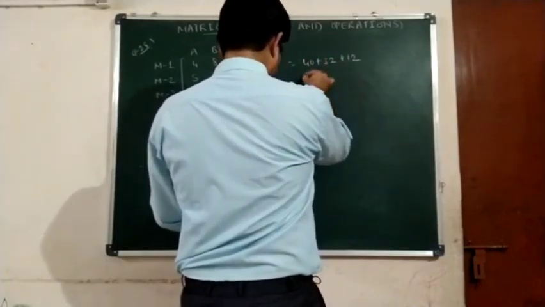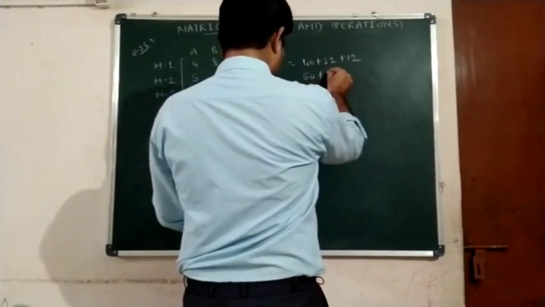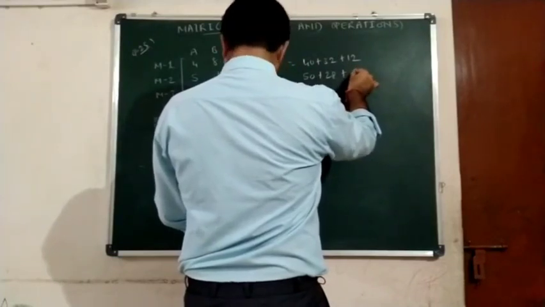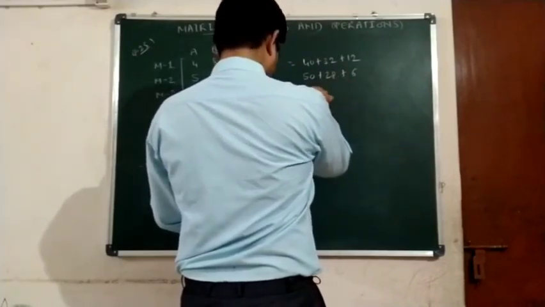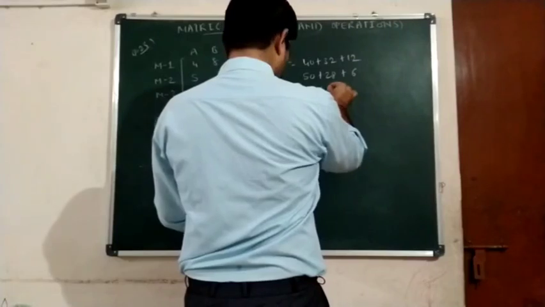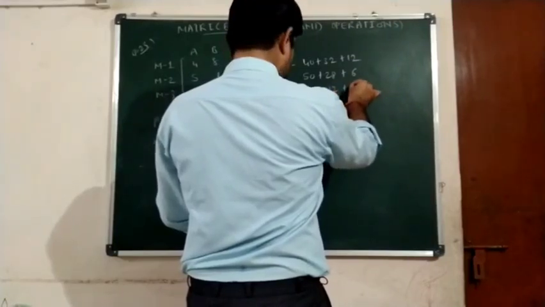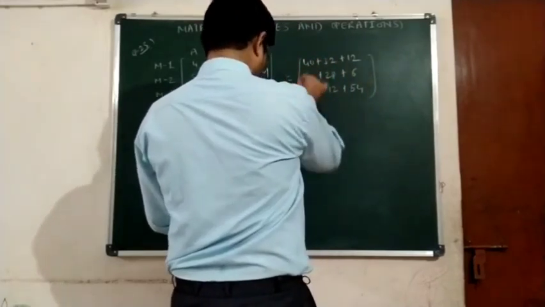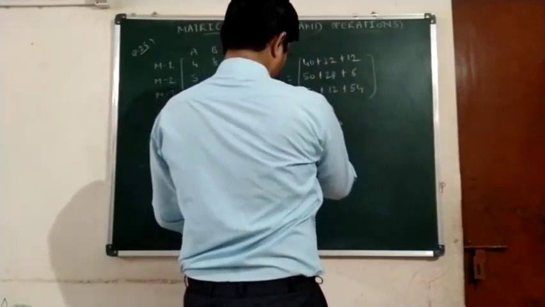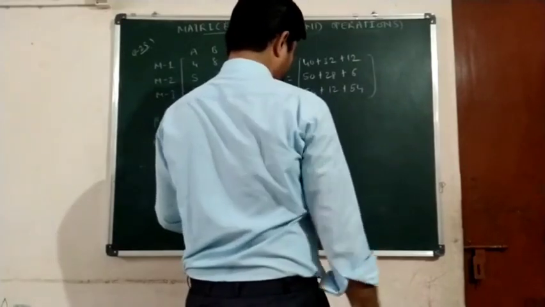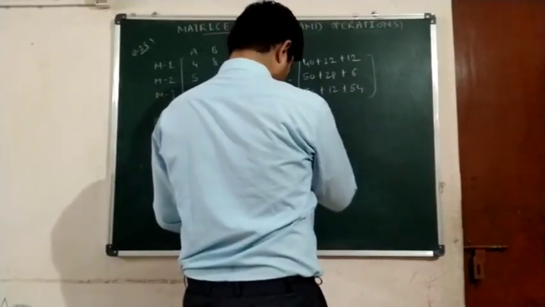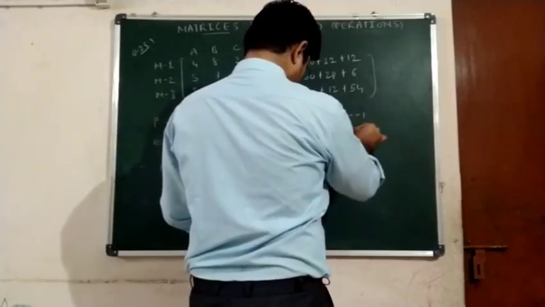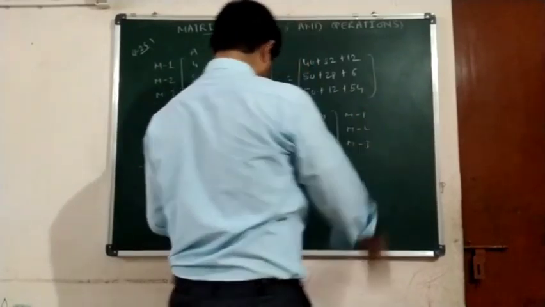Similarly 5 tens are 50 plus 7 fours are 28 plus 1 six are 6, and 5 tens are 50 plus 4 threes are 12 plus 9 sixes are 54. Okay, so 84, 84 and 116 for method 1, method 2, method 3.